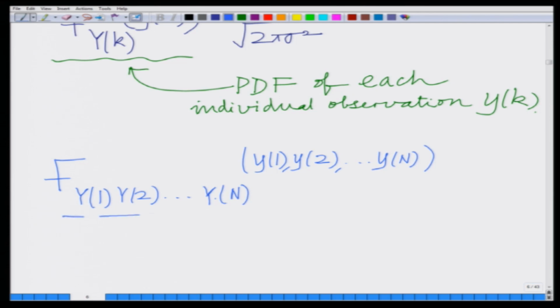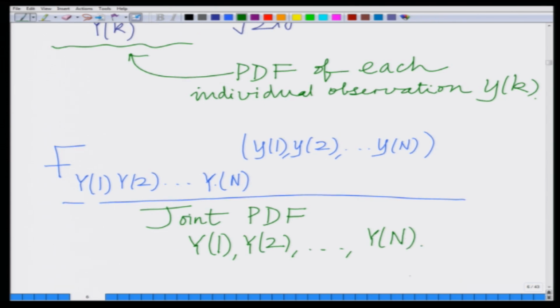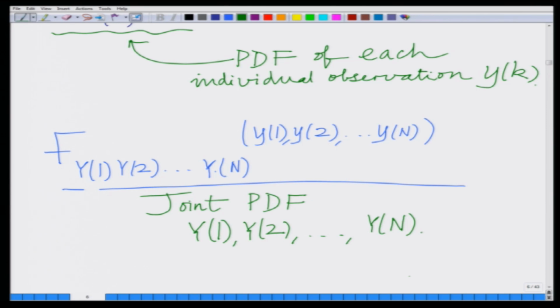This is the joint PDF of these observations y1, y2 up to yn.